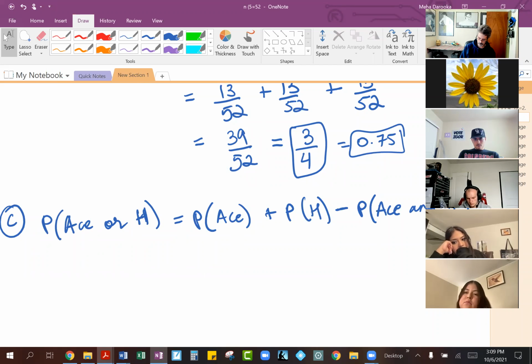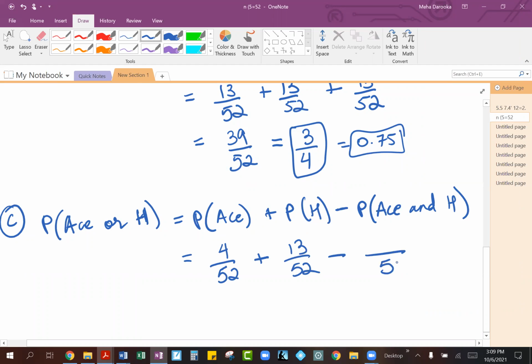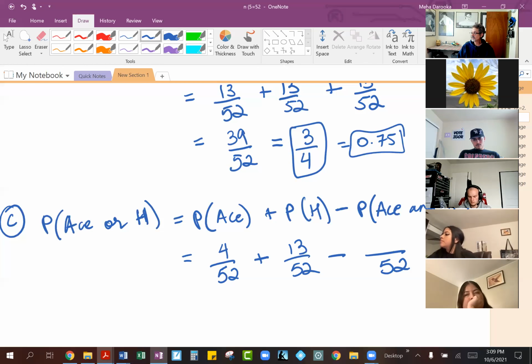So how many cards in our deck of cards are an ace? Yeah, very nice, Darla. There's 4, right? Because each suit has an ace of its own. So you will have ace of spades, club, diamond, and heart. So there's going to be 4 of them. So that's 4 out of 52. We already know the probability of getting a heart is 13 out of 52. Now, how many cards in a deck of cards are both an ace and a heart?